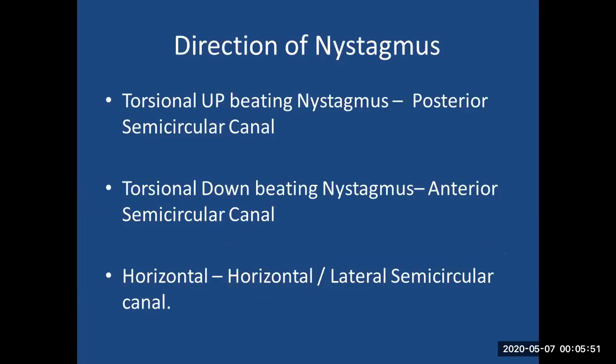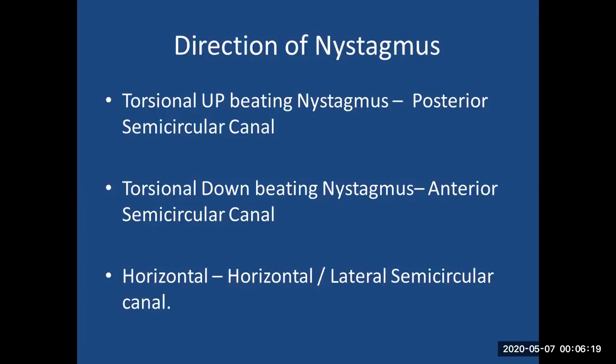So to understand this better, any torsional upbeating nystagmus is more in favor of a posterior semicircular canal. Any downbeating torsional nystagmus, that means there's an intorsion, is more in favor of an anterior semicircular canal. If there is a nystagmus which is directed horizontally, that means the eye is moving horizontally in one particular direction, it is more in favor of a lateral semicircular canal.